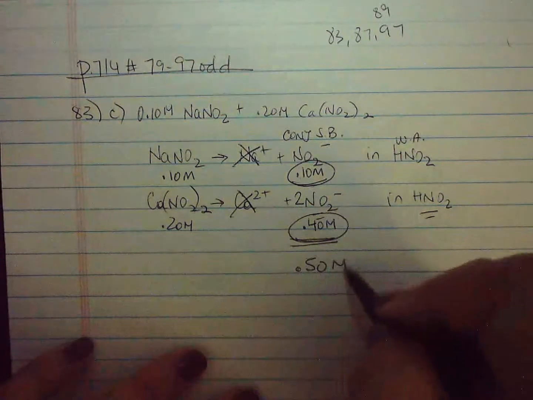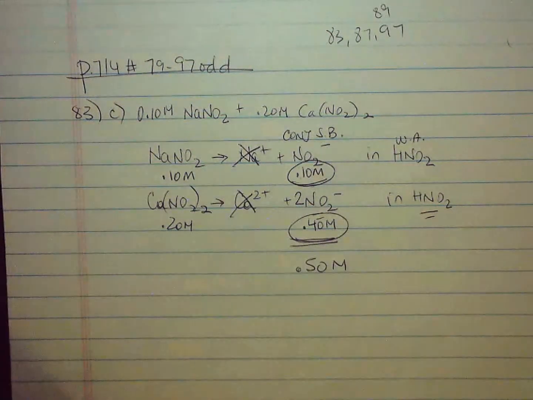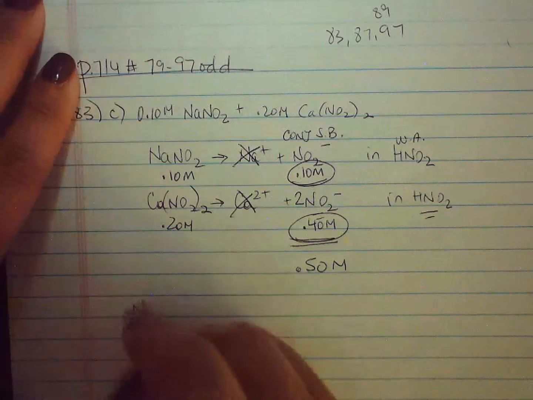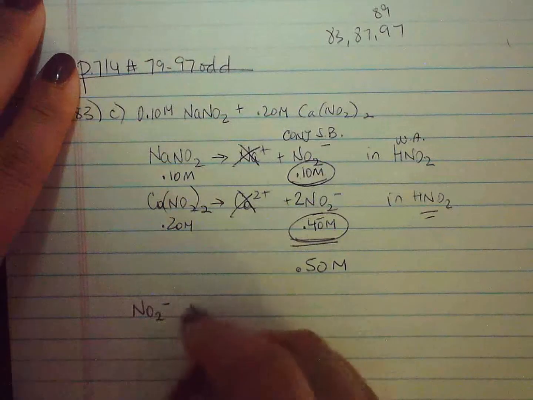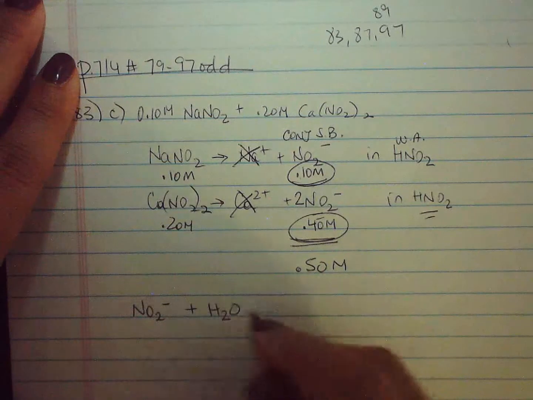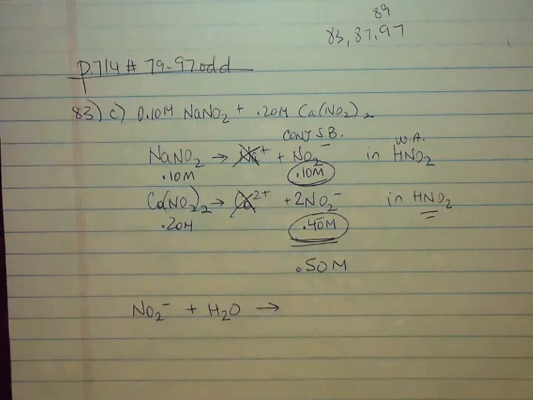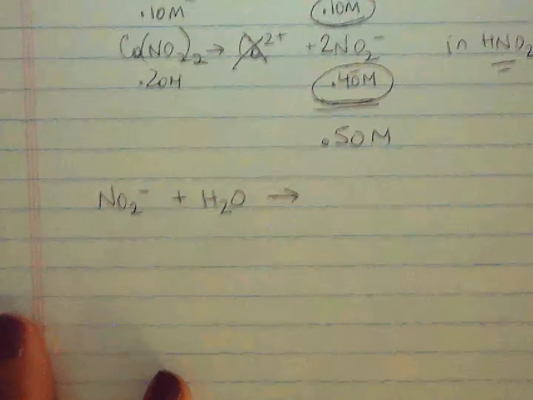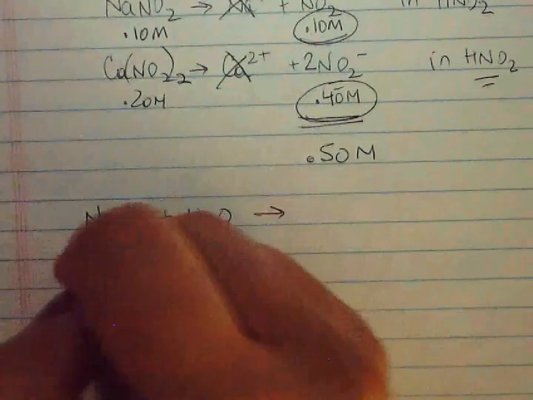So essentially what I have is 0.5 molar of nitrite reacting with the water in the background, correct? There's 0.5 of this.